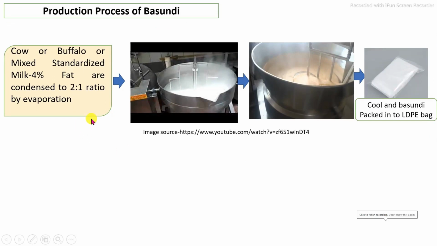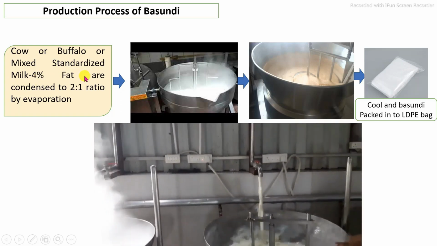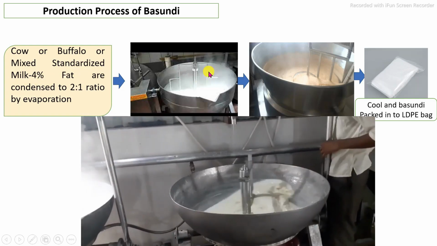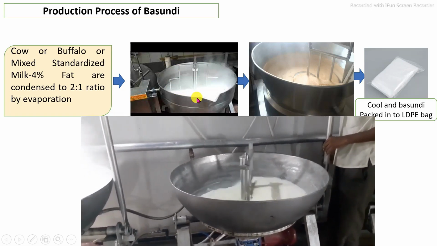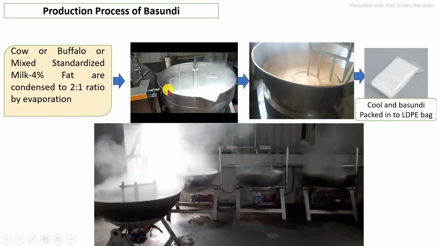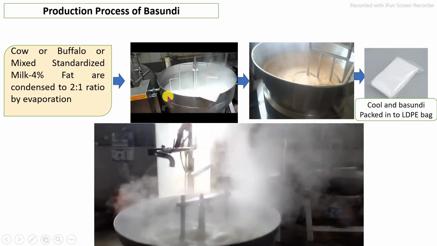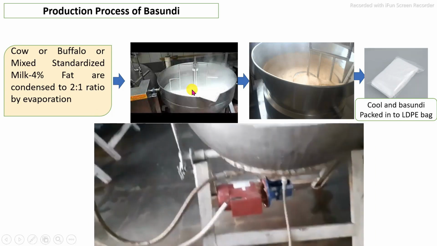The manufacturing process of Basundi involves, first, receiving the milk, which should be standardized to a minimum of 4% fat content. This milk is concentrated in an open pan kadai, which is the traditional process. Then a khawa making machine or steam jacketed kettles are used for the production of Basundi; this is the specific equipment.